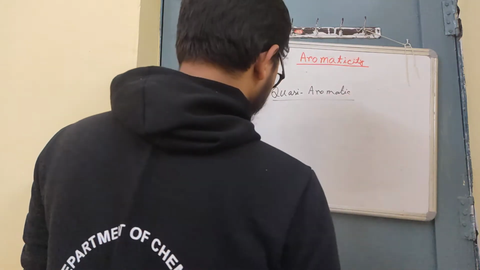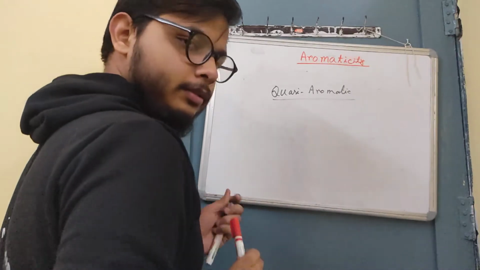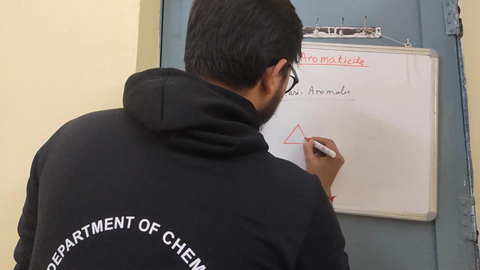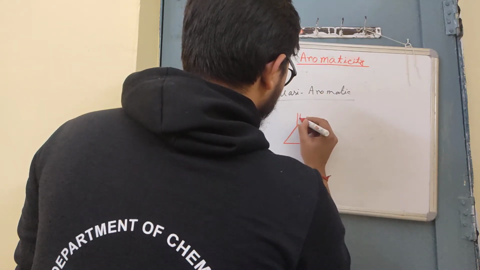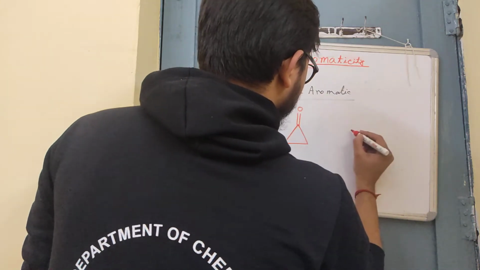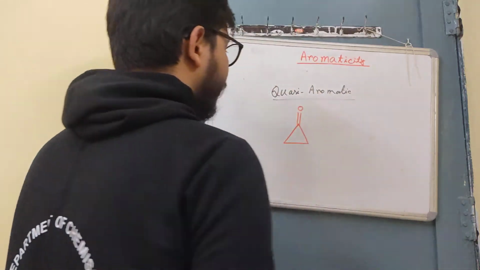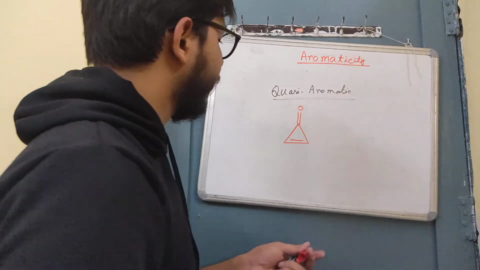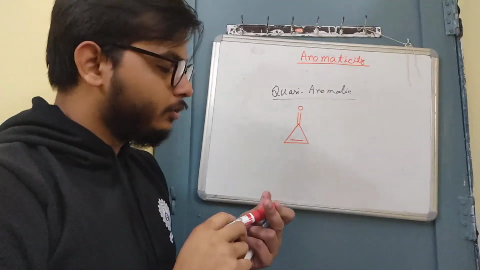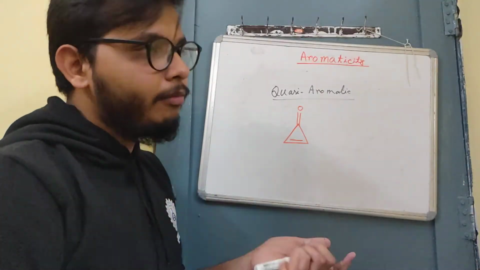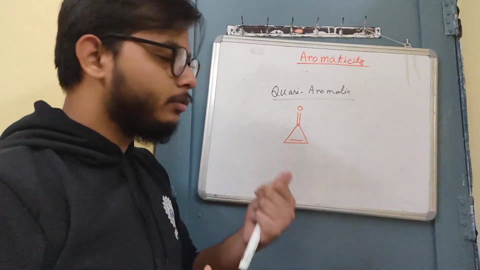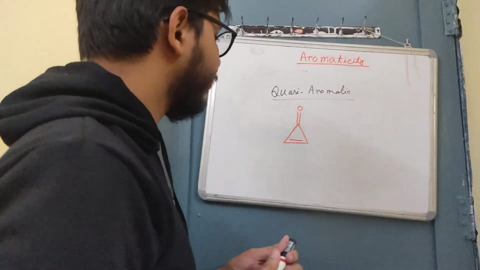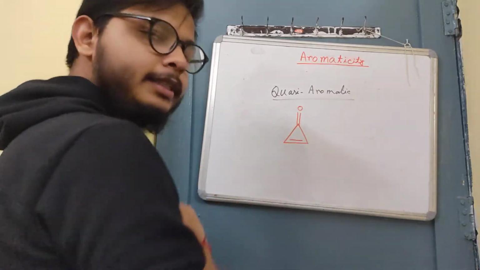What is that one? Look at this type of compound. You can say this molecule is not aromatic, but everybody wants stability. So these molecules also try to be aromatic. How is it possible? This is carbon and this is oxygen.